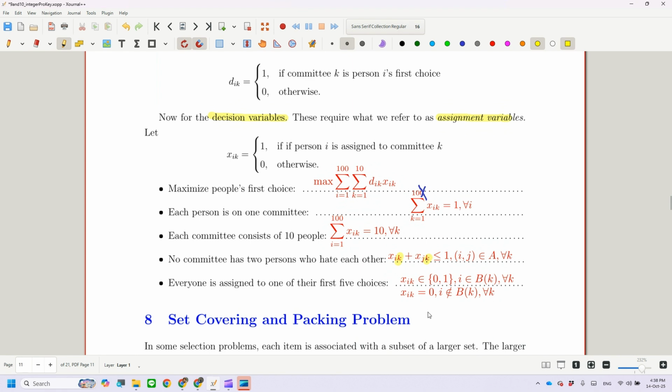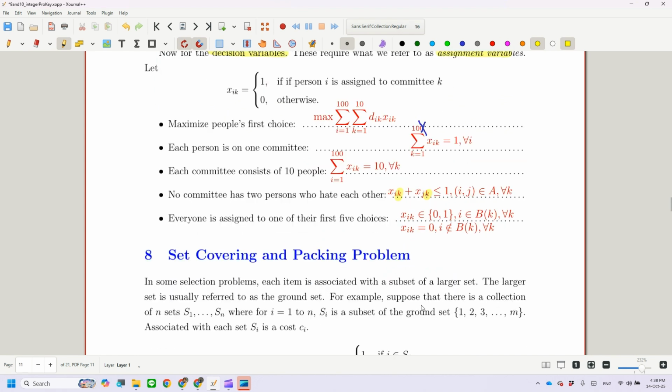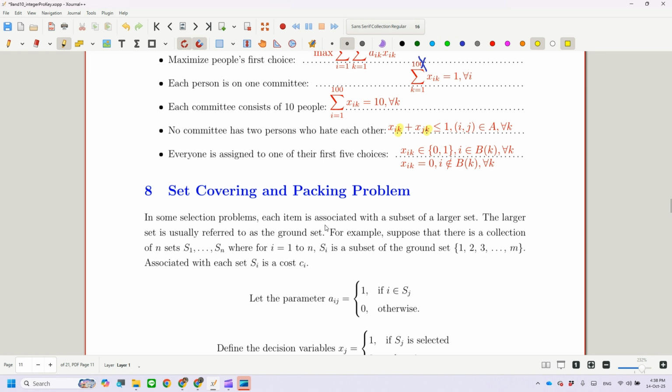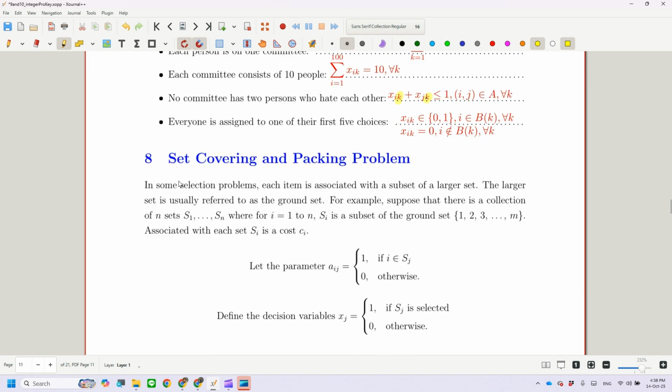The next problem that we look at is the set covering and packing problem. In some selection problems, each item is associated with a subset of a larger set. The larger set is usually referred to as the ground set. For example, suppose there's a collection of n sets S1 to Sn, where for I from 1 to n, S_i is a subset of the ground set.